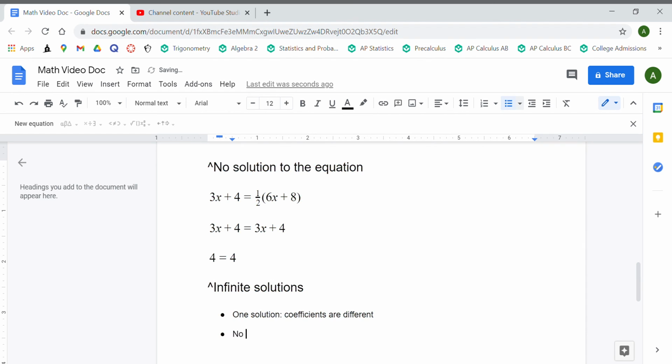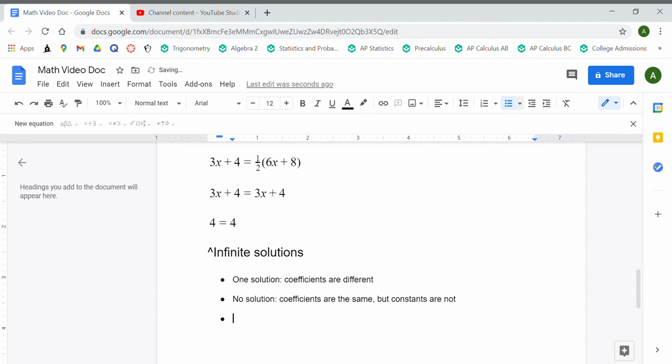You will have no solution if the coefficients are the same, but constants are not. Infinite solutions occurs when the coefficients and constants are the same.